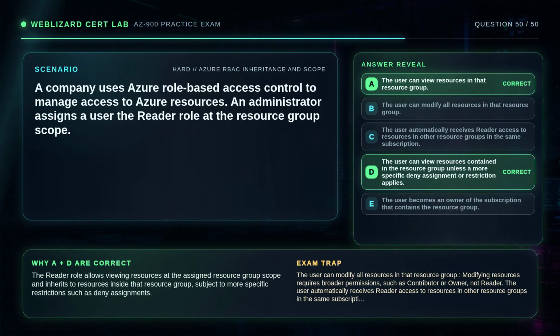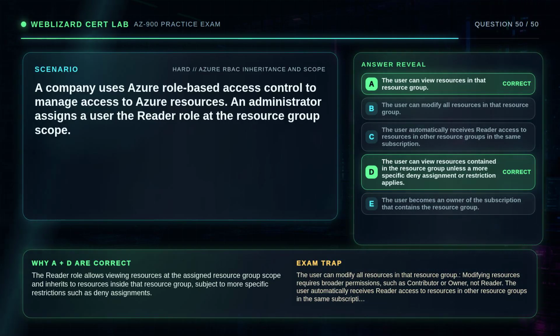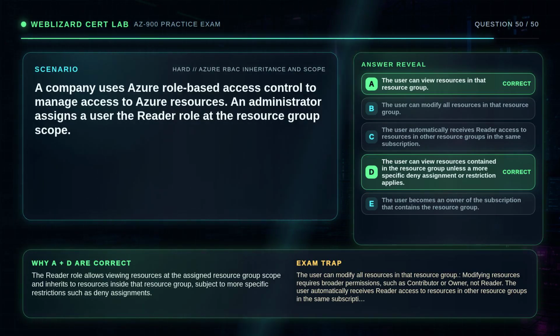A resource group assignment applies to resources inside that resource group, not to sibling resource groups. The user becomes an owner of the subscription that contains the resource group. Assigning Reader at a resource group scope does not grant ownership of the subscription. The exam clue is: RBAC permissions inherit from the assigned scope down to contained resources, but not sideways to other scopes.